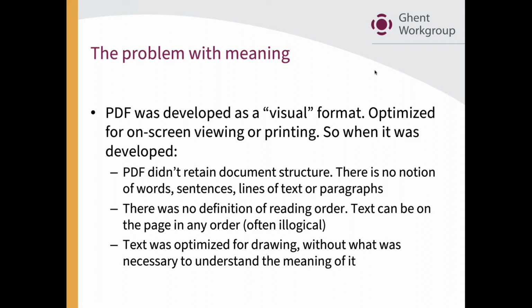So it was really talking about document structure. We're not talking about words and sentences and paragraphs. You've seen that in a PDF: you have a paragraph in the original document, you make a PDF, and you don't have paragraphs anymore. You just have lines of text at best, or it could be even several text chunks because you have some changes in the font, like kerning or things like that.